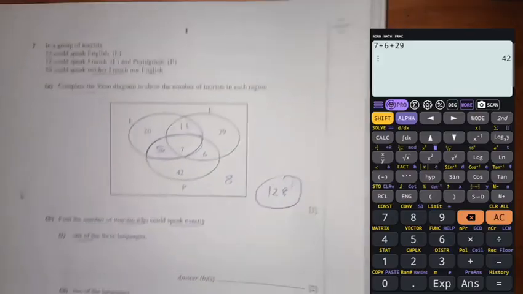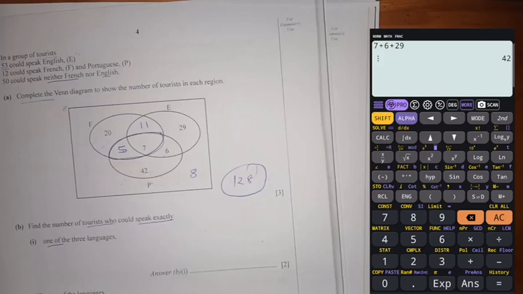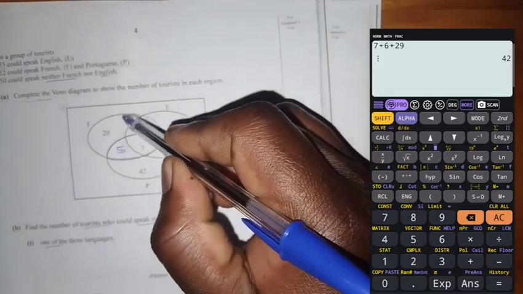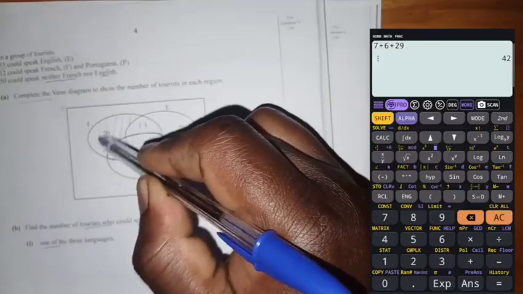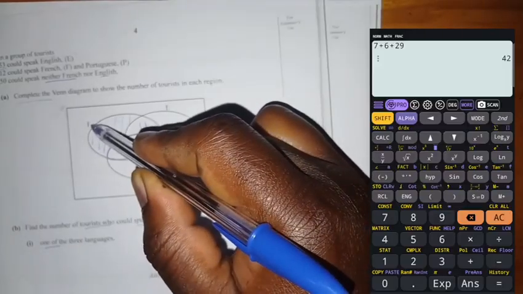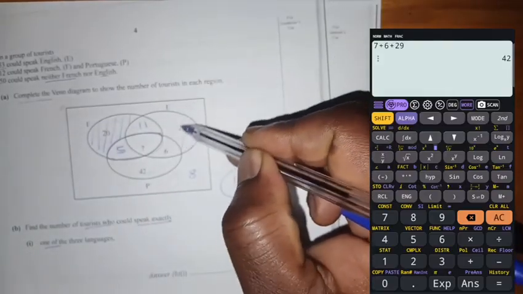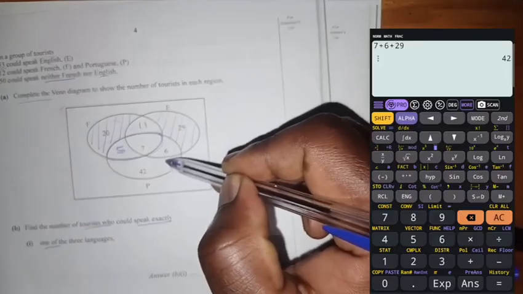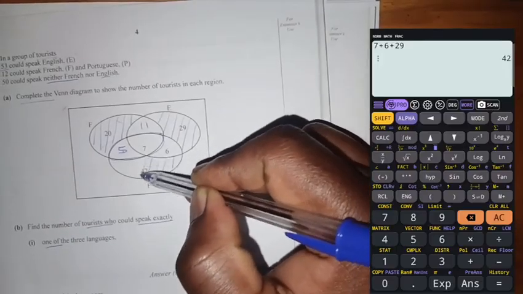It means that we are going to look where the circles are not overlapping with anyone. So it's the first part, this one here. These people can only speak French. These people can only speak English. These people can only speak Portuguese.